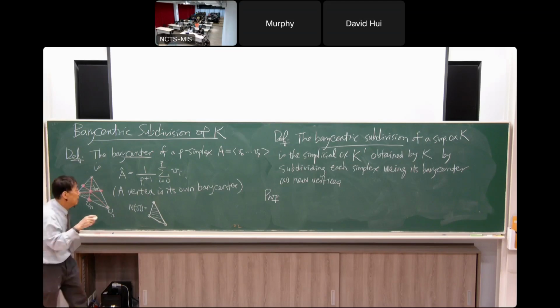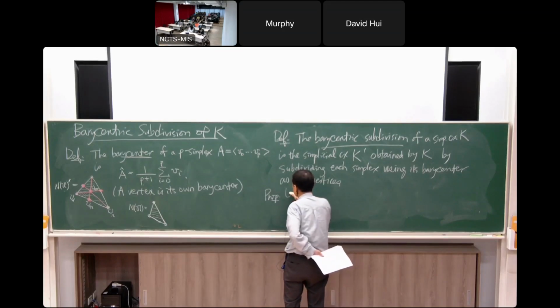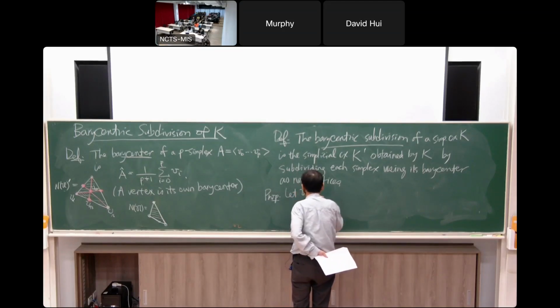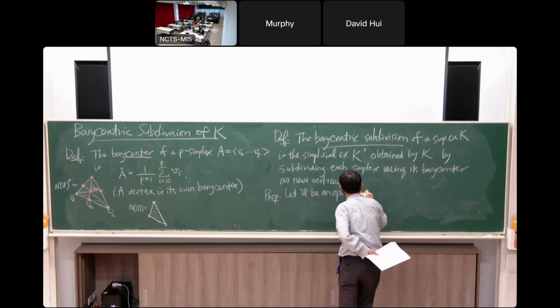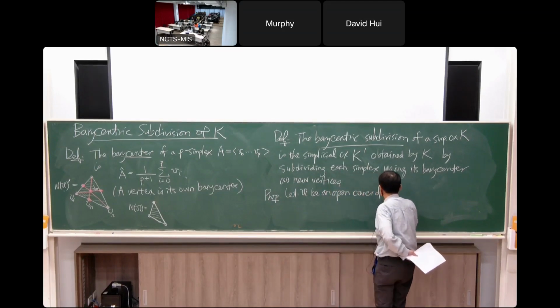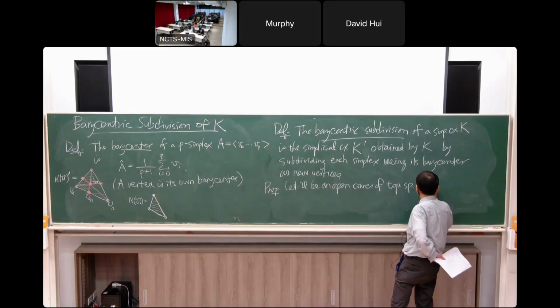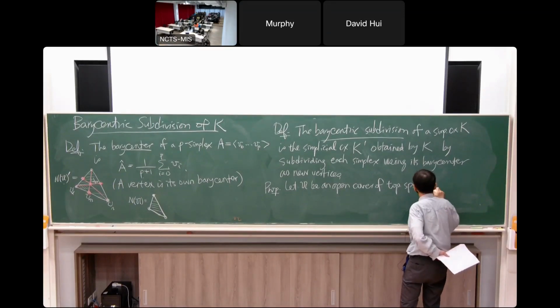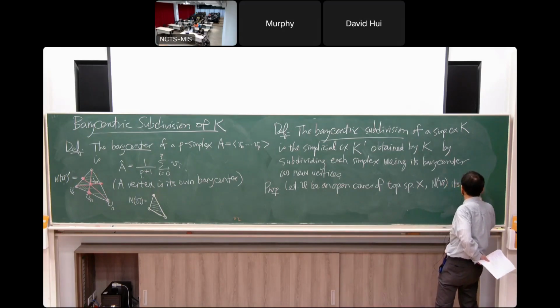So what I want to say is that, let U be an open cover of some topological space X, and N of U its nerve.